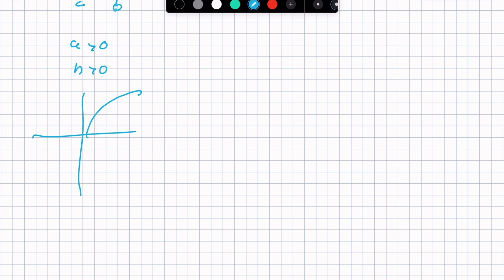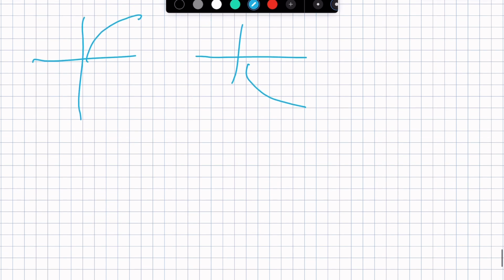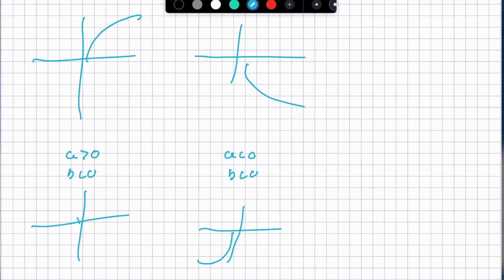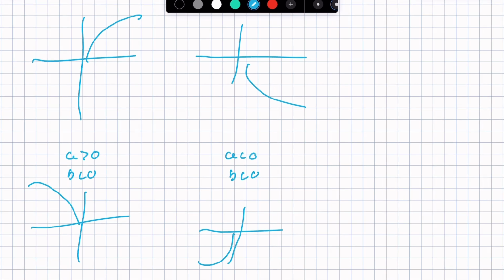When A is negative and B is positive, it should be something like this. When both of them are negative, it should be something like this. And as you can see, when B is negative but A is positive, it's going to be something like this, okay?